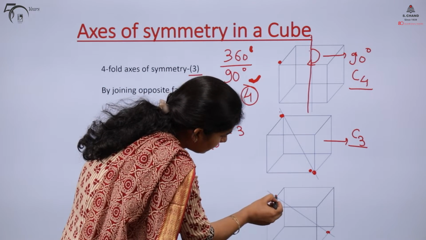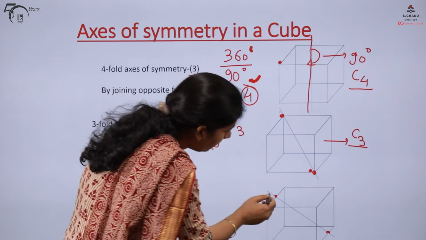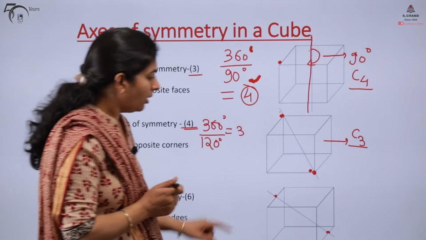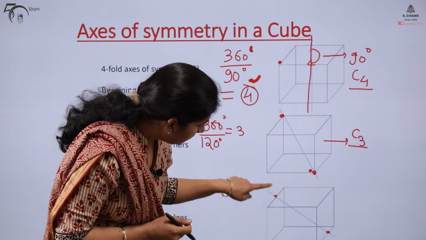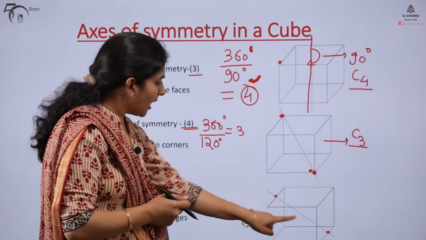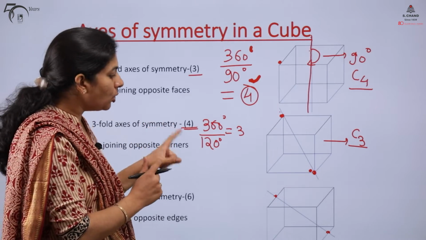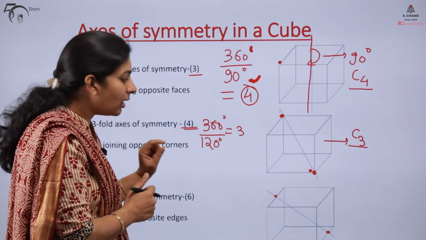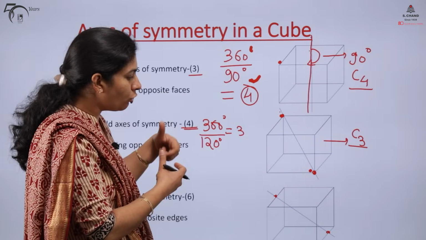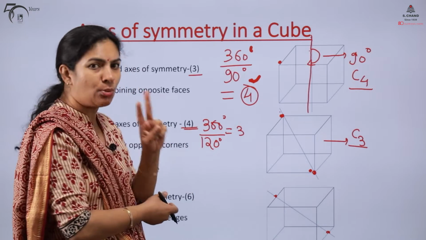Now, take the center of this edge which is present at the top face of the cube and the center of the edge at the bottom face of the cube, a line joining these 2 points. So, about this line, if you try to rotate this cube, you will find that the identical configuration of this cube will be observed only twice.